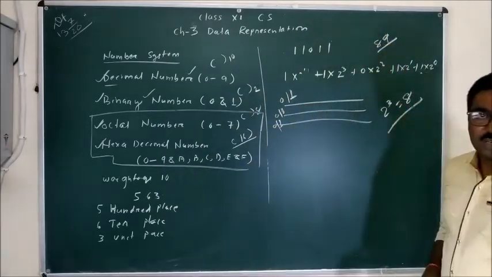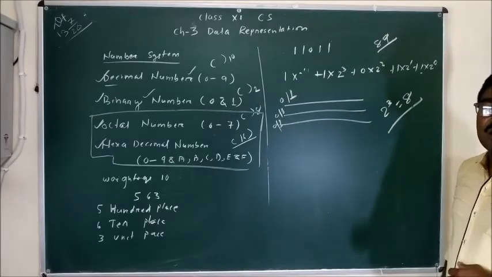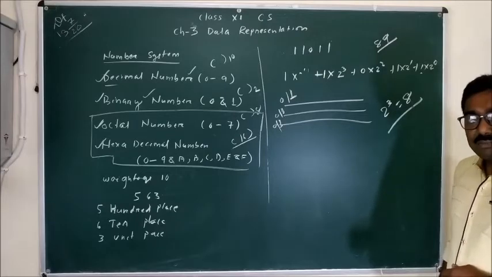If 8 or 9 appeared anywhere, we were unable to calculate such numbers.